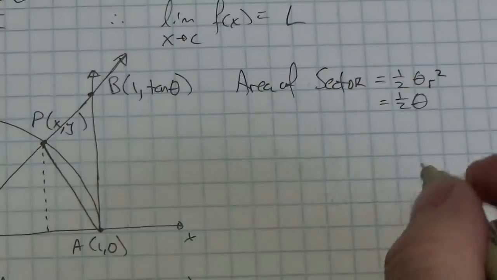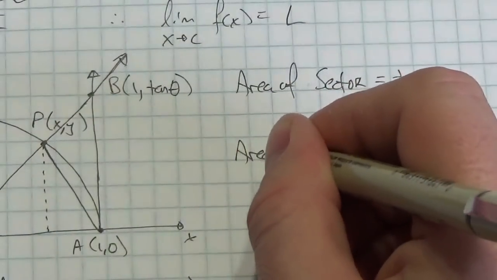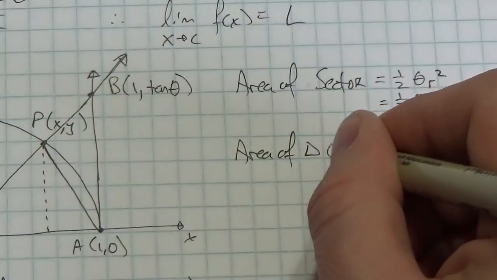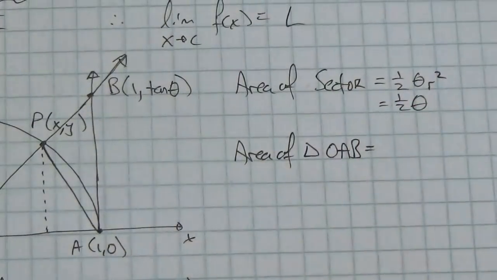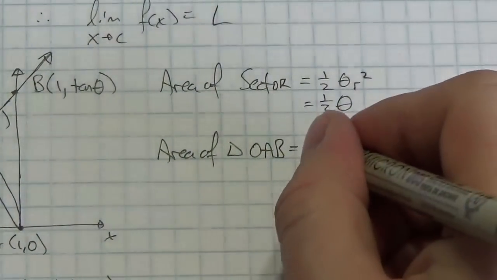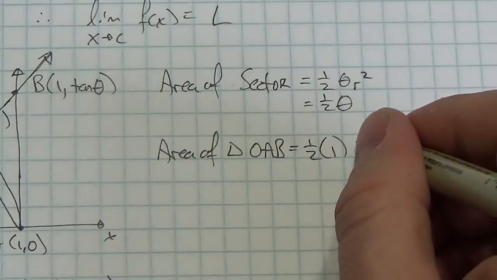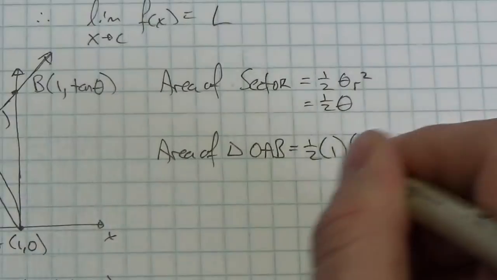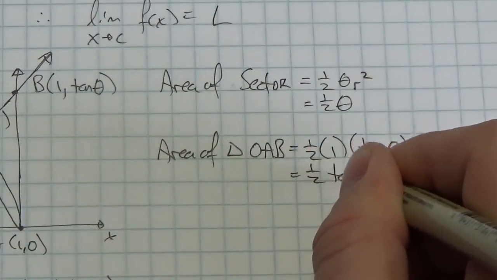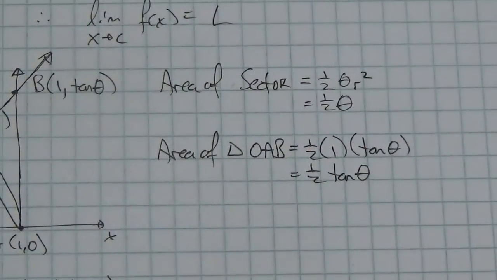And so now if we take a look at this, the area of triangle OAB is going to be 1/2 the base, which in this case again is 1, multiplied by the tangent of theta, or 1/2 tangent of theta.